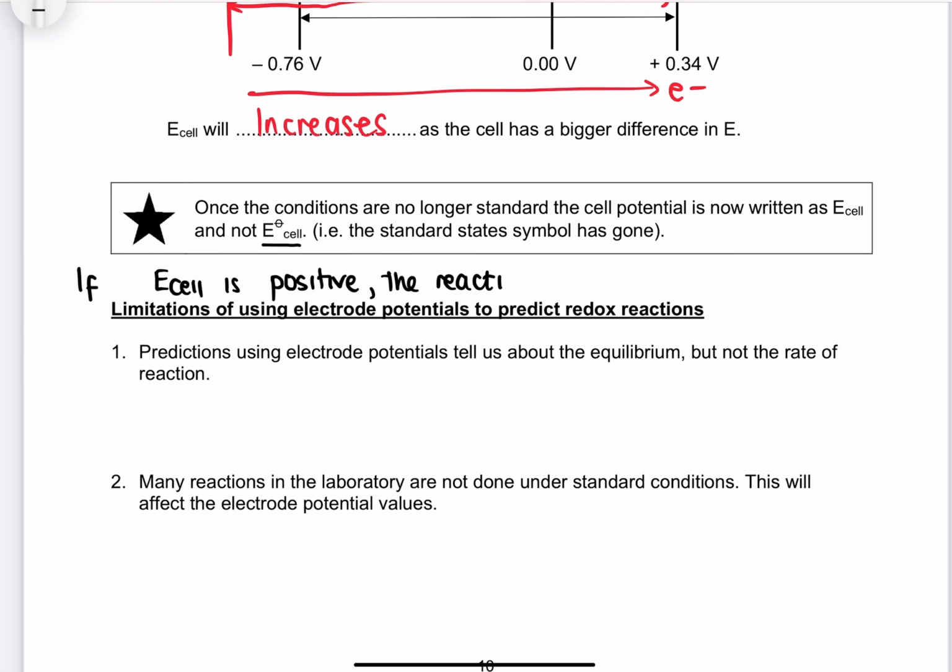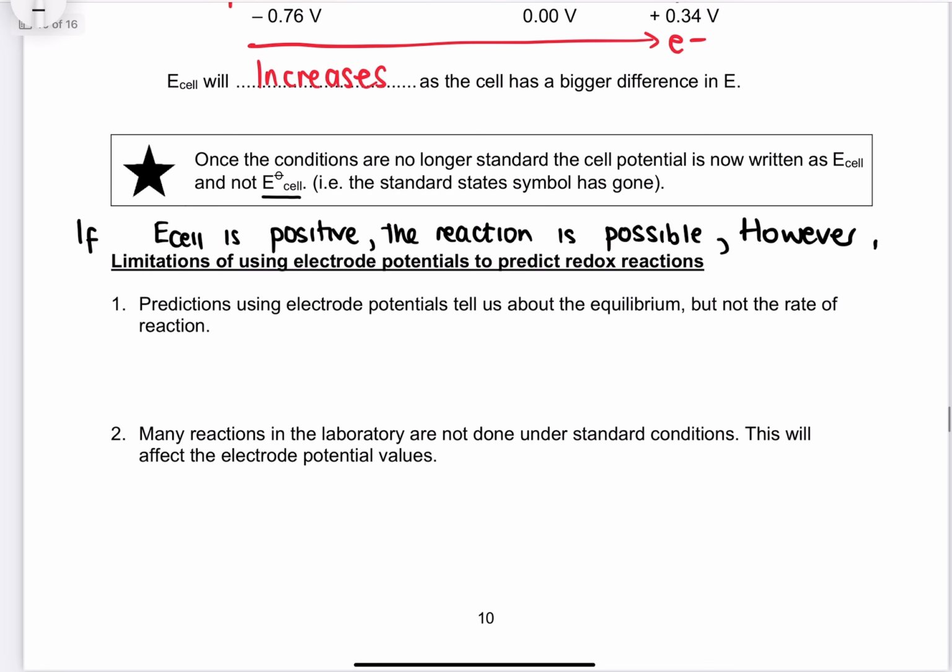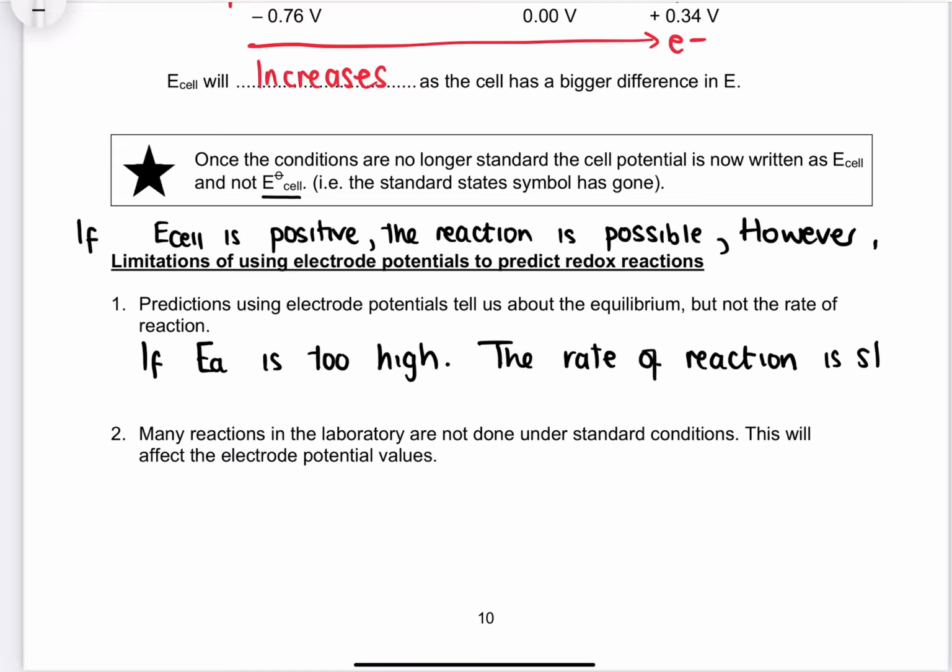Electrode potential says yes. According to electrode potentials, this reaction is possible. However, it doesn't always happen. Why not? They tell us about equilibrium, but not rate. It might not happen if the activation energy is too high. The rate of reaction is too slow, and so nothing happens in the time frame that we're watching it.